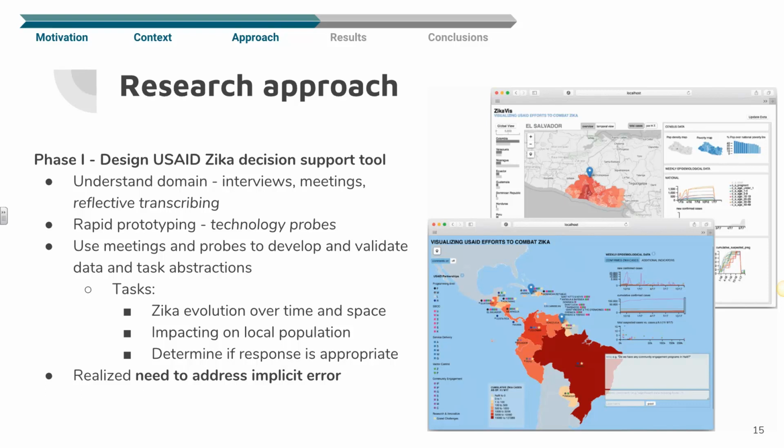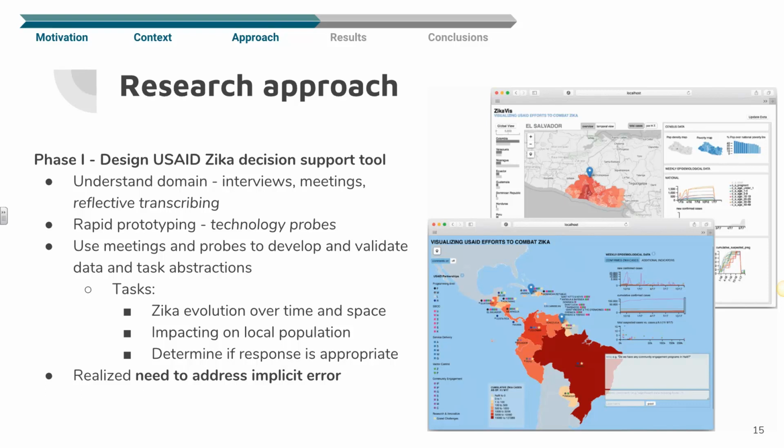The first was their original intent, which was to design a decision support tool to be used by USAID to track Zika. So the way they approached this was to interview experts, understand the domain, use a process called reflective transcribing. And they also did rapid prototyping.